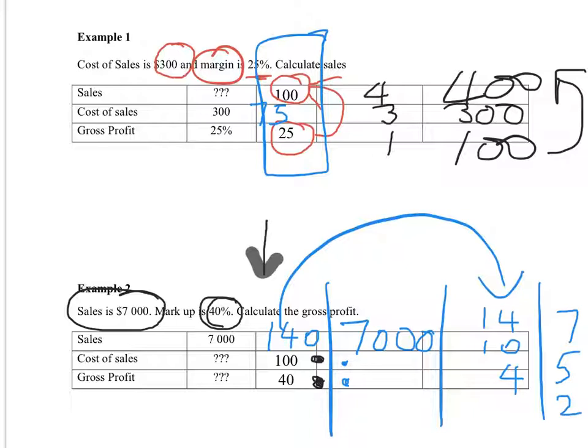Now look at the relationship of these three figures. It all started from the markup being 40%. So likewise, you can find these two figures very easily, which means that once you do a slight bit of calculation, you'll come up with a cost of sales of 5,000 and gross profit of 2,000.